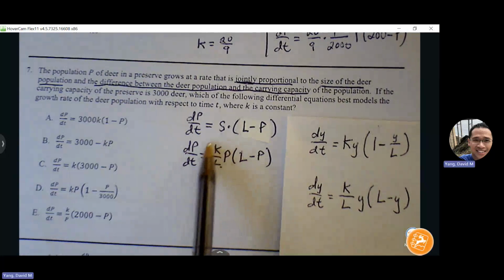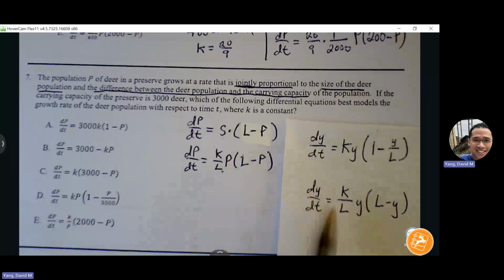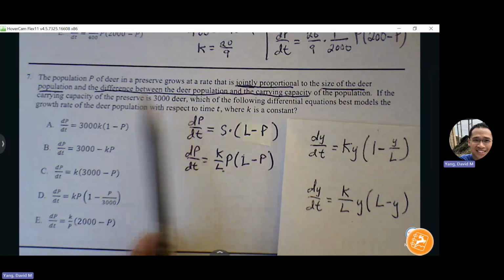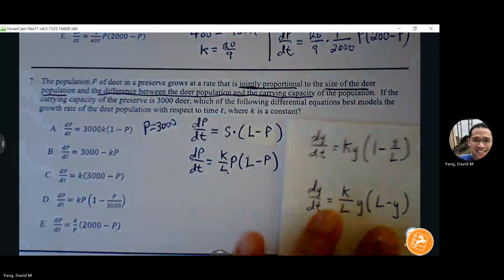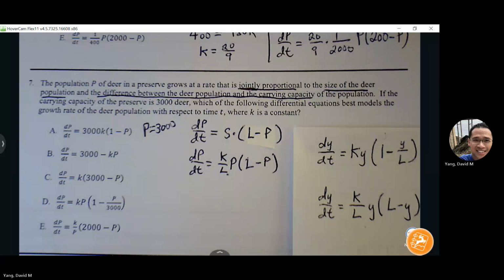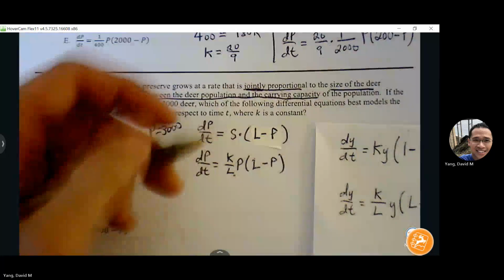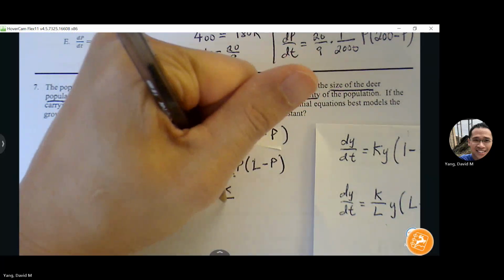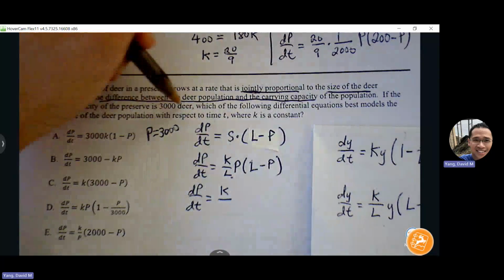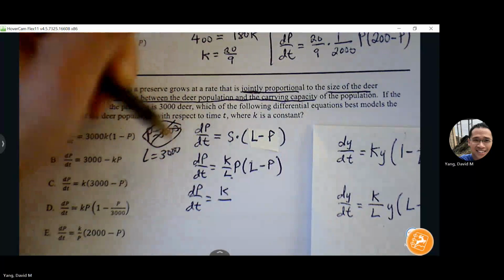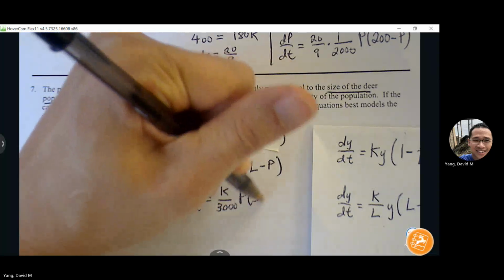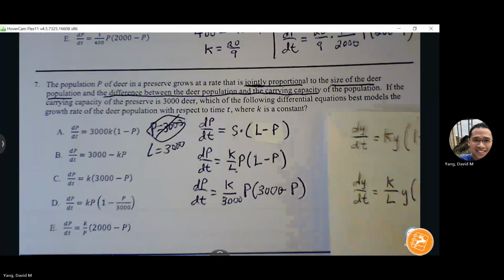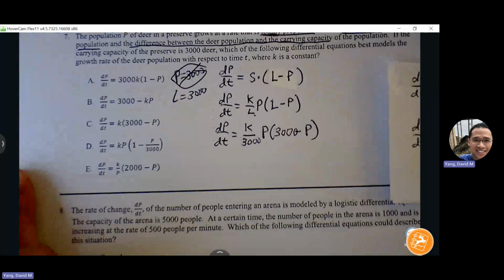Right, the size of the deer population has got to fit into this form, so we put that K over L as P. Okay, we know the carrying capacity is 3,000, my bad, that's not P, that's L. So we're trying to make this look like one of these options here.